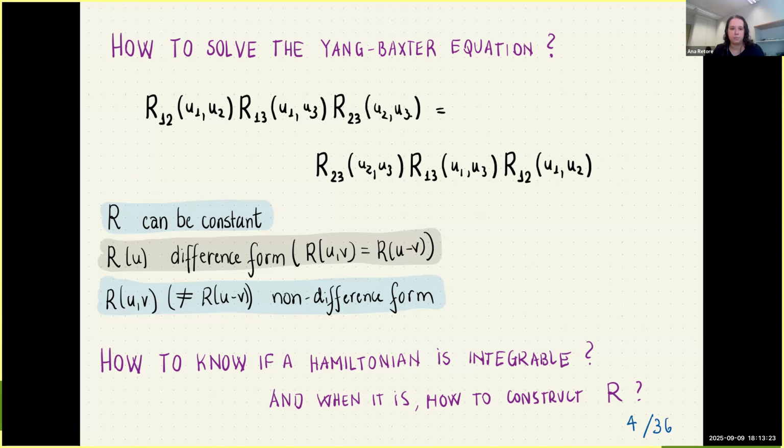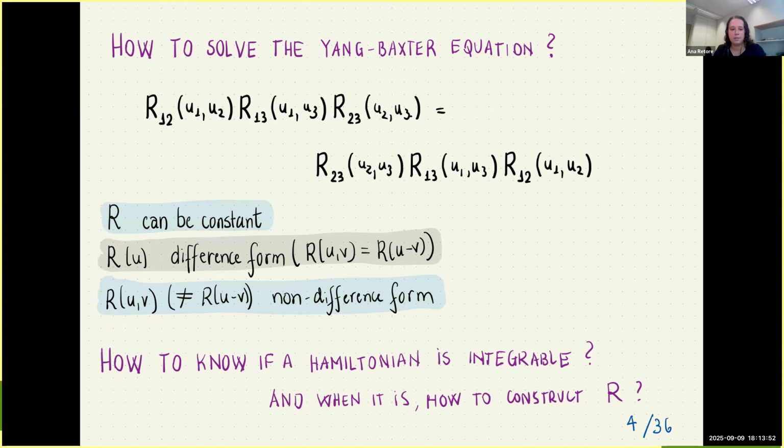So let me just start by making the distinction. If we see the Yang-Baxter equation, we have sometimes constant solutions, and we have spectral parameter dependent solutions, and they can be of difference form. So when R(u,v) is R(u-v), you can write the R matrix as just depending on one parameter, but it can also be of non-difference form.